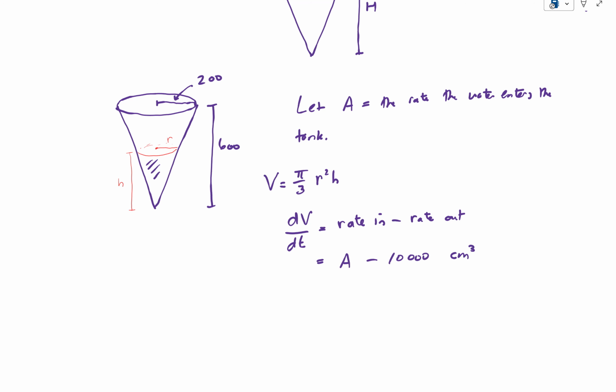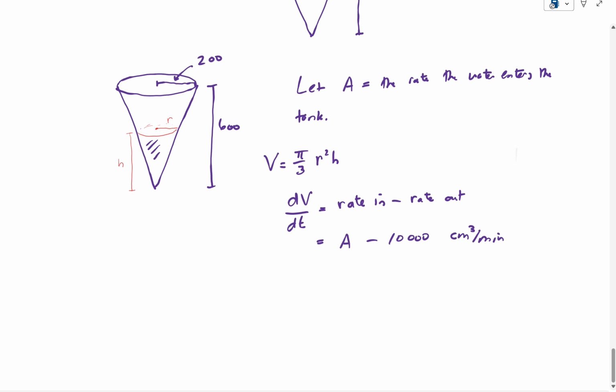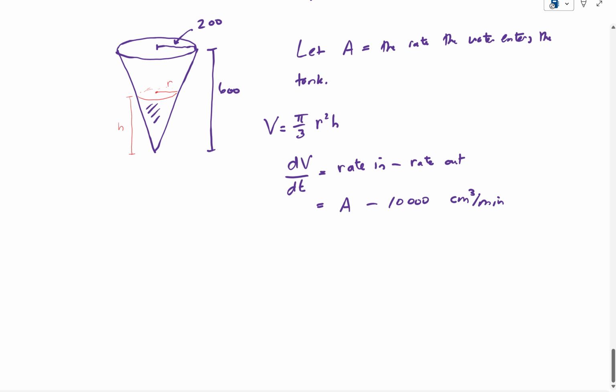And this is in centimeters cubed per minute. On the other hand, we also can use this equation here for V to get dV dt. So dV dt, if I use that equation, now that little r and the little h are both changing, I'm going to have to use product rule here. So I'm going to get pi over 3 times 2rh dr dt plus r squared dh dt.